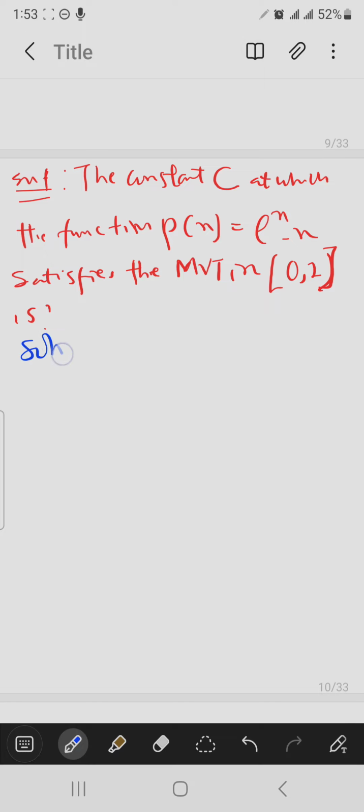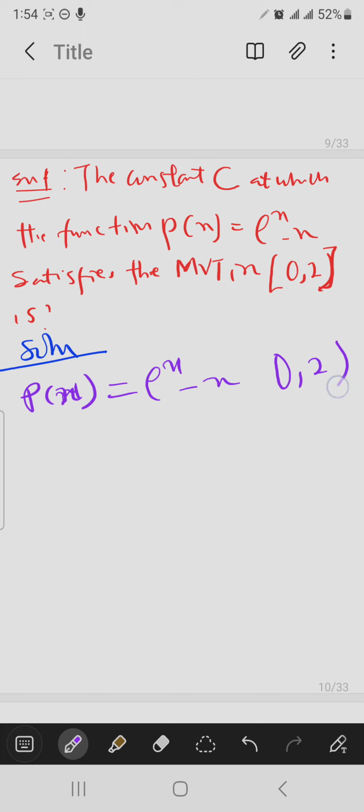The question states that we should find the constant c at which the function p of x equals e raised to power x minus x satisfies the MVT, mean value theorem, in 0,2. Like this is going to be the interval. You know, p of x is this.